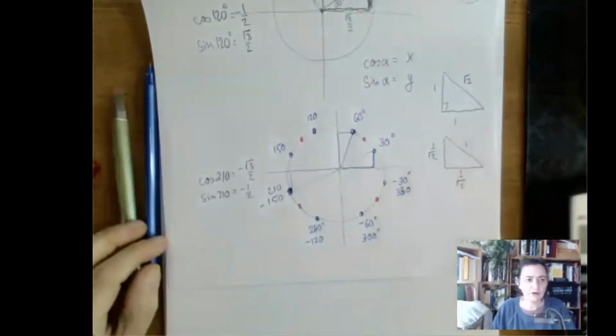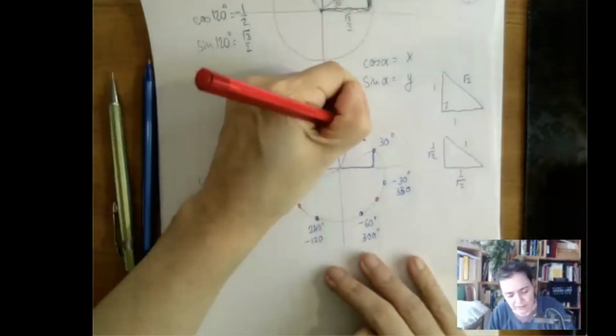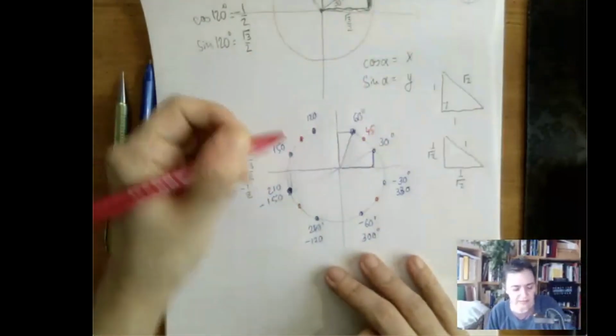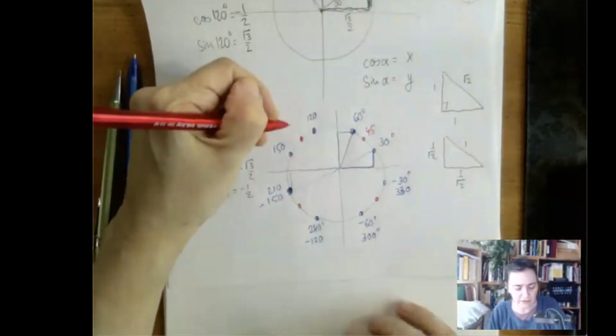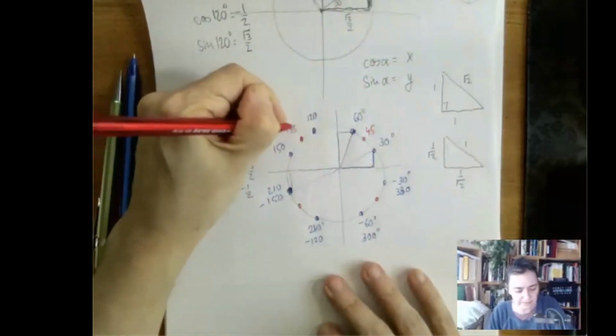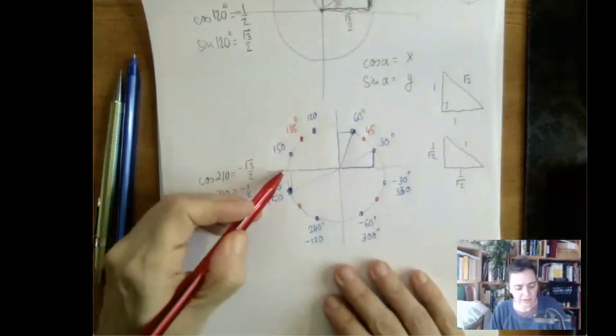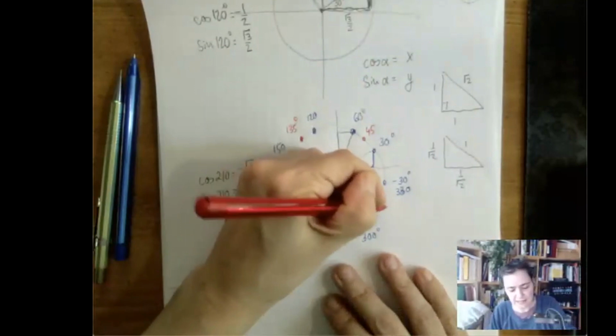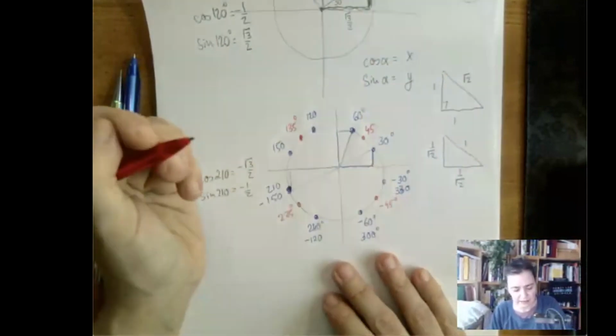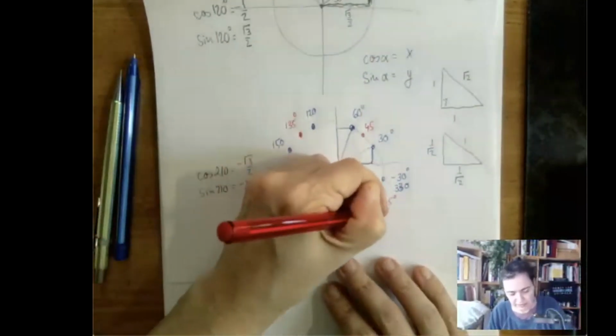In case of 45 or 45 related, we can think of this as 90 plus 45 or 180 minus 45, 135. And then 180 plus 45 is 225. And then this is either negative 45 or 315.